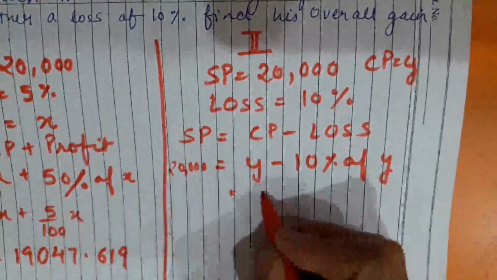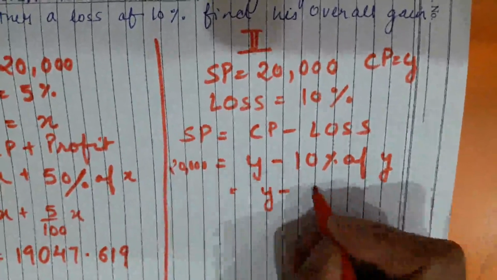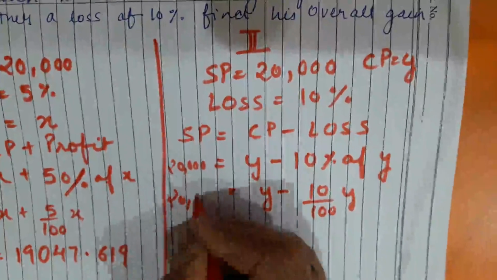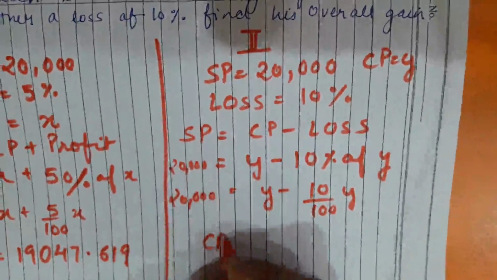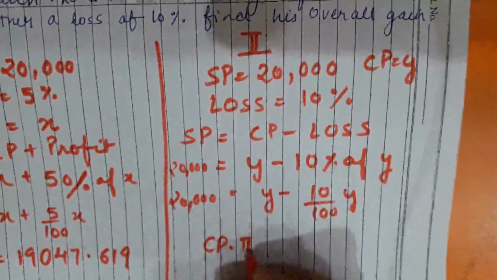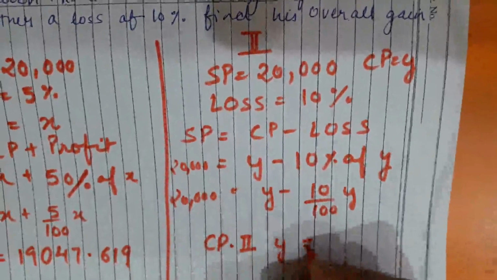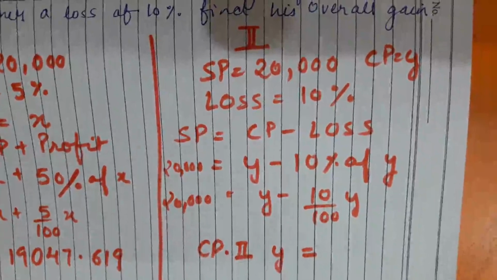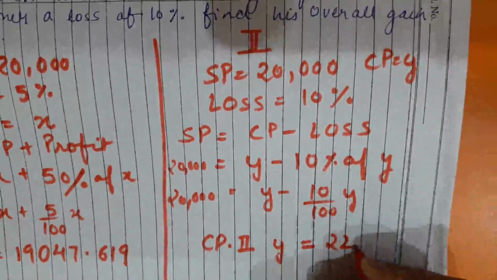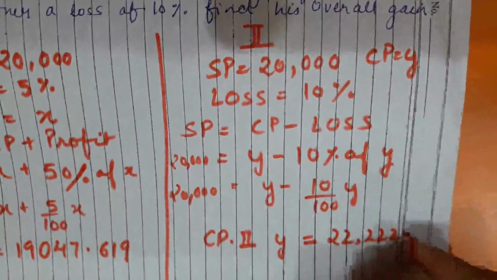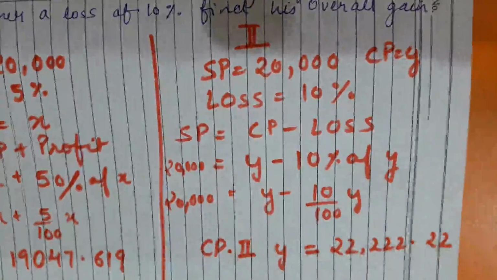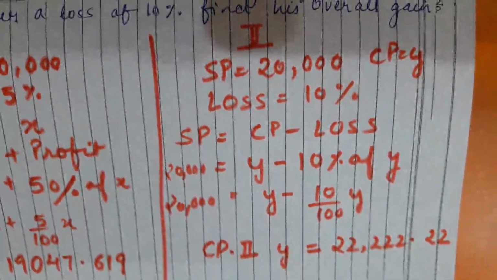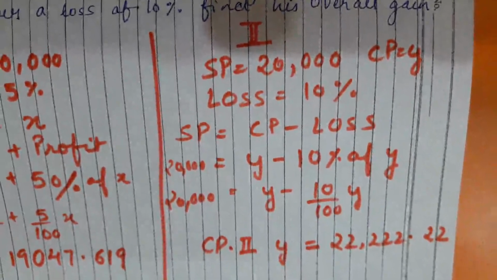So again we are able to find one more equation. After solving this equation you will get the cost price of the second buffalo, it means Y, you will get 22,222.22.